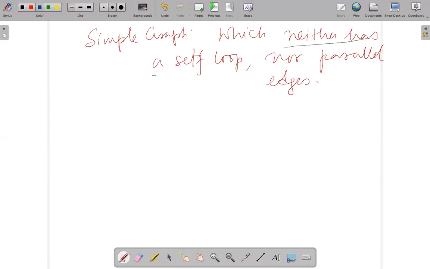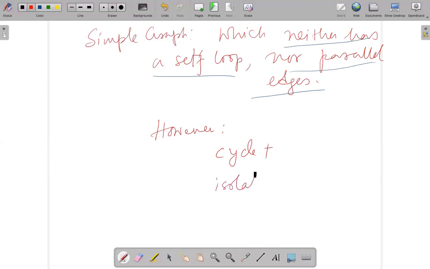So a simple graph neither has a self loop nor parallel edges. However, simple graphs can have cycles. Simple graphs also can have isolated vertices. Both these are possible.